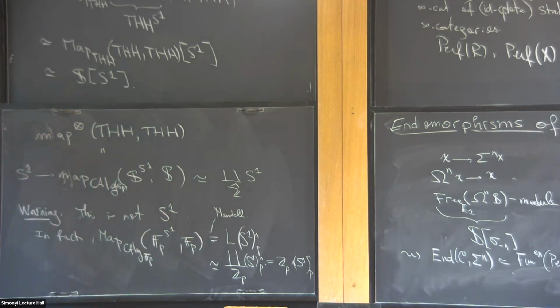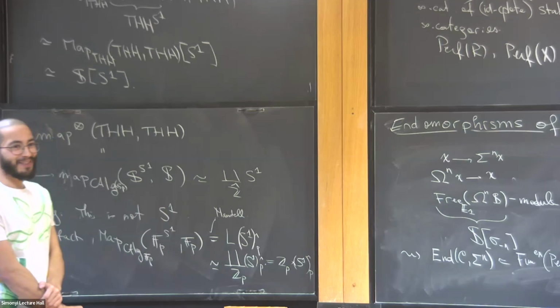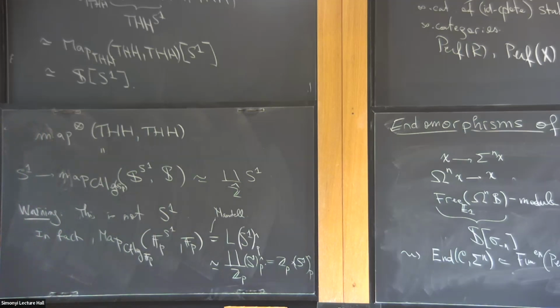Well, I've used it to mean spectrum, and I've seen Lars shaking his head. I meant mapping spectrum. Now I mean mapping space. He means the opposite of Lurie. I mean the opposite of Lurie. Maybe it's not, you don't have mapping spectra for algebras. There's no mapping spectrum for algebras. If I have two algebra maps, I can't sum them. Ah, okay, so you have only mapping space. Only this one is defined.